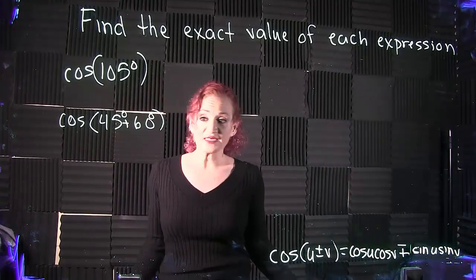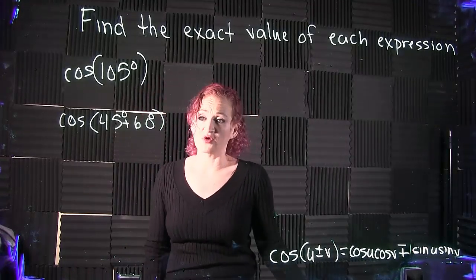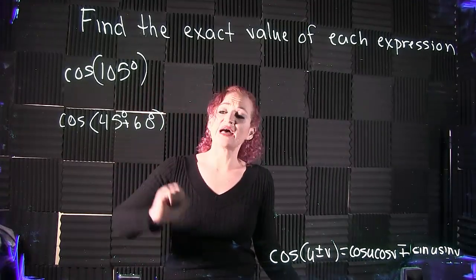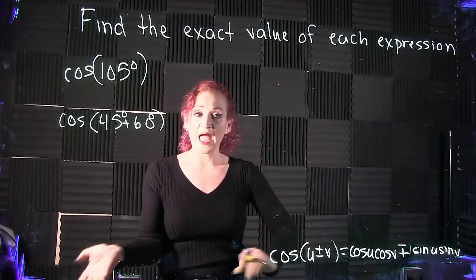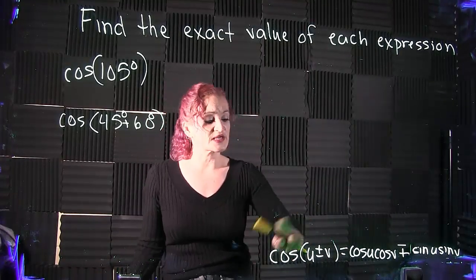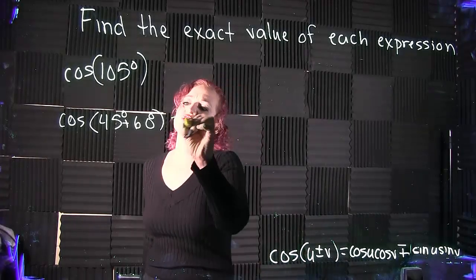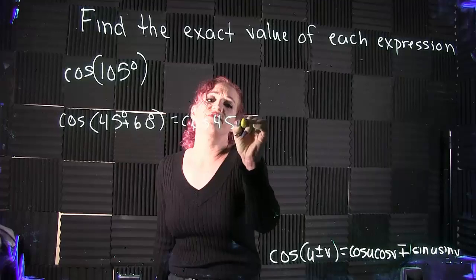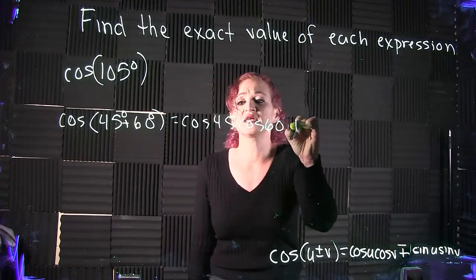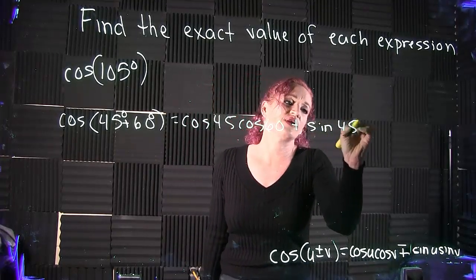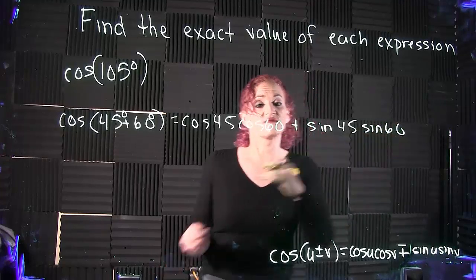Since 45 plus 60 is 105, now I have this written as a sum, which means I can now use the rule for the sum, cosine of u plus v, which is going to be cosine of 45 times cosine of 60 plus sine of 45 times sine of 60.